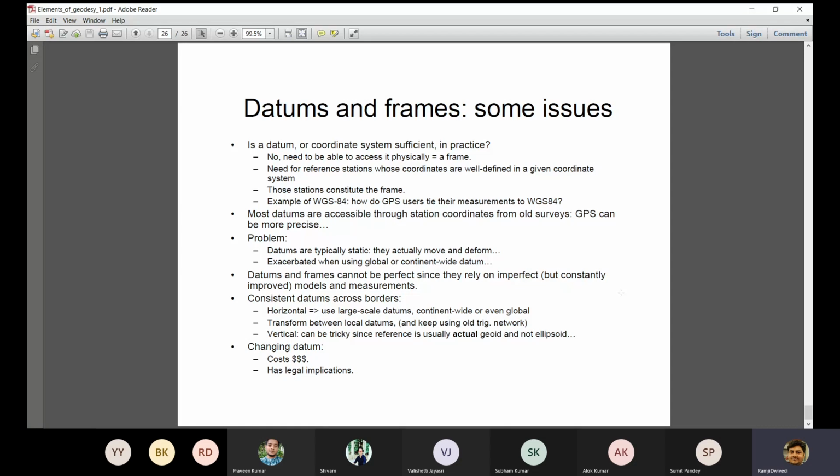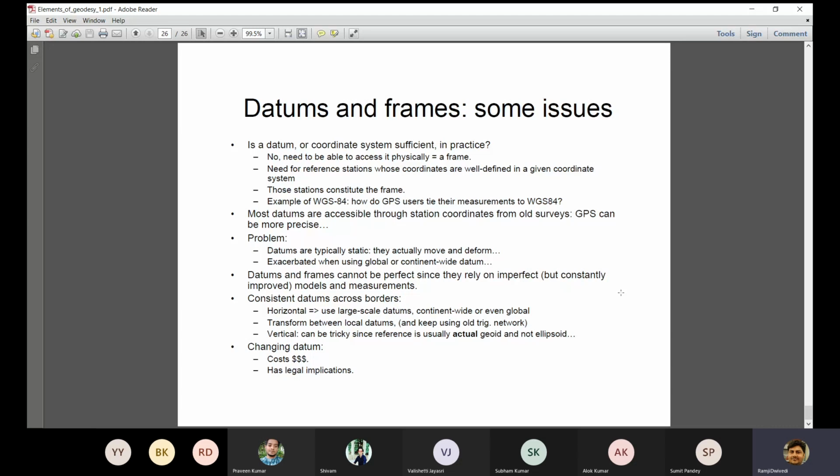So the problem: datums are typically static. When we define a datum, we consider that there are no dynamics in it. But eventually they actually move and deform. It has been practiced to define a global datum or a continent-wide datum, and they cannot be perfect as they rely on imperfect models and measurement.